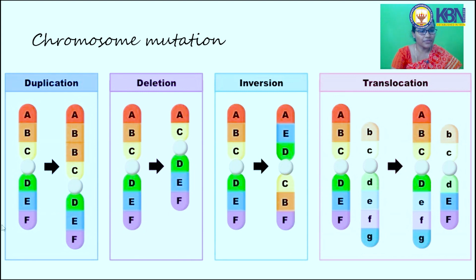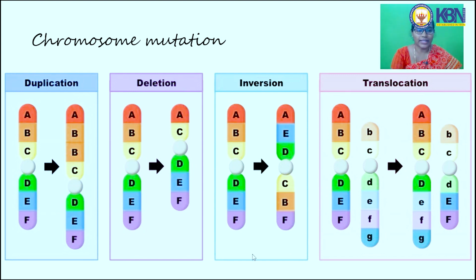If you observe this picture clearly, this is the original chromosome which has A, B, C, D, E, F genes. And after mutation, it has 2 B's. B's in double, right? We call this condition duplication and this mutation duplication chromosome mutation.